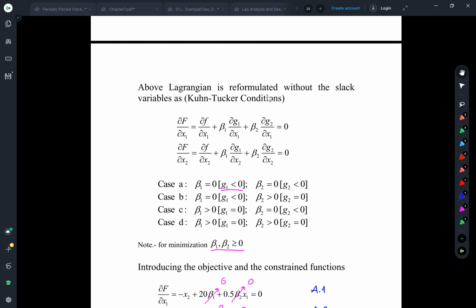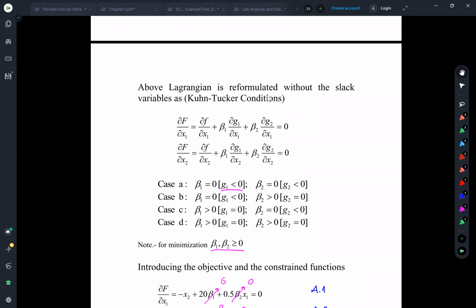So if you have two inequality constraint functions, say G1 and G2, you have beta 1 and beta 2 as the associated Lagrange multipliers, and that will create 4 cases for you, right? A, B, C, D. Imagine if you have three inequality constraints in your problem. The number of cases is going to be larger, right?